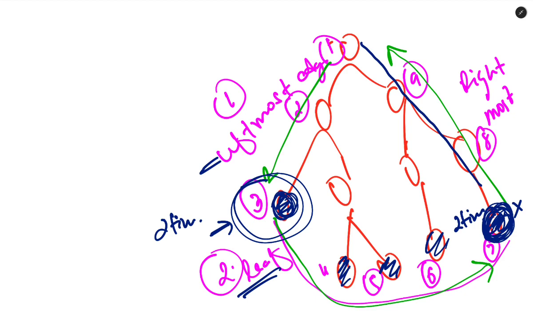So basically, my condition will be: if it's the leaf node, fine, no problem.